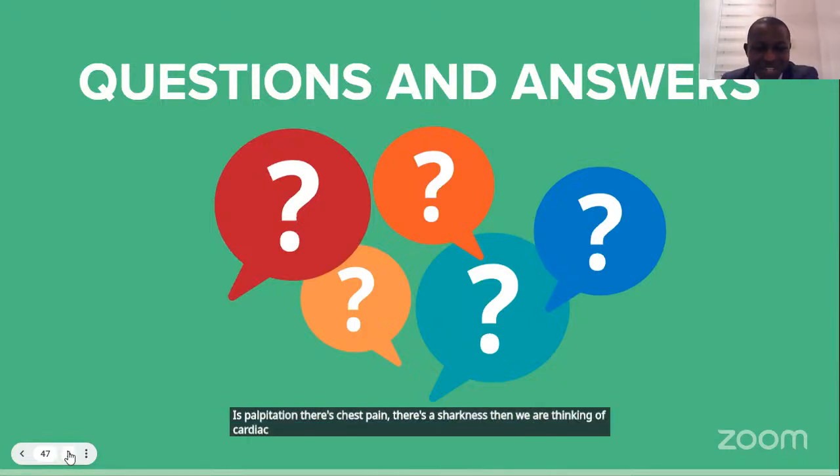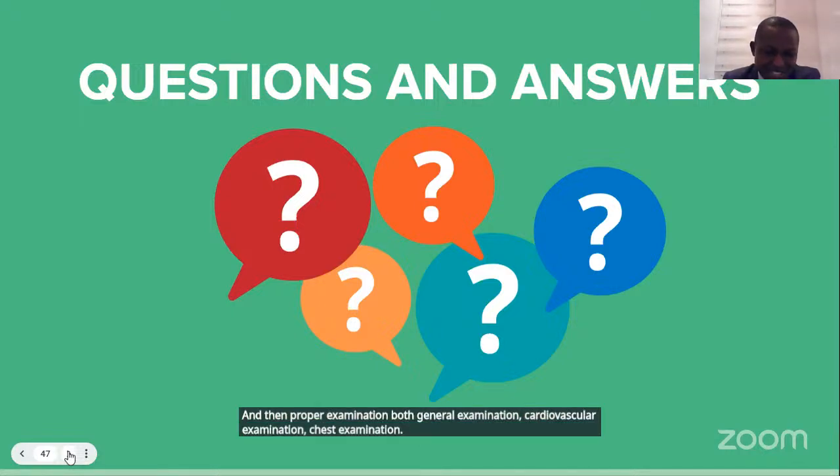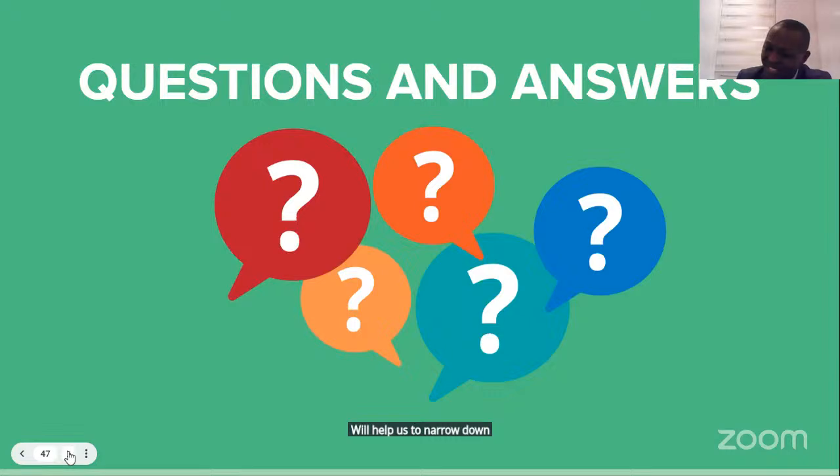Someone is having frequent dry cough, dyspnea is worsening, we can think of interstitial lung disease or suppurative lung disease or any other. So proper history and then proper examination, both general examination, cardiovascular examination, chest examination, will help us to narrow down, and even the abdominal examination, neurologic.